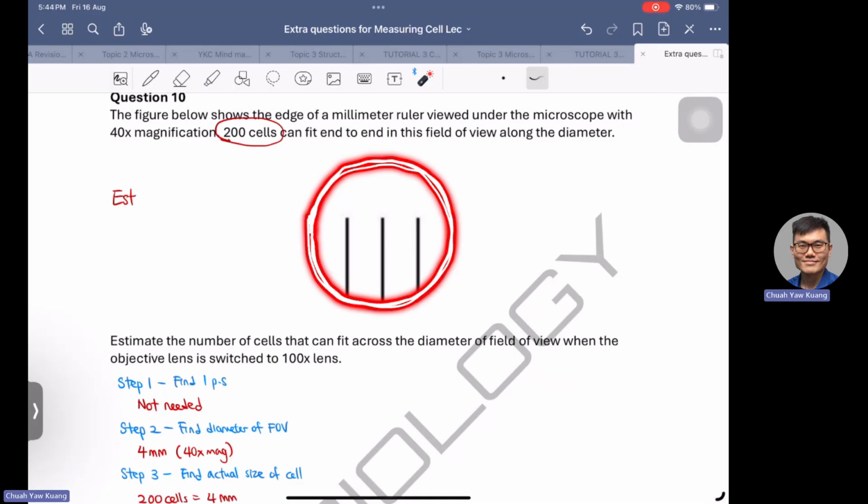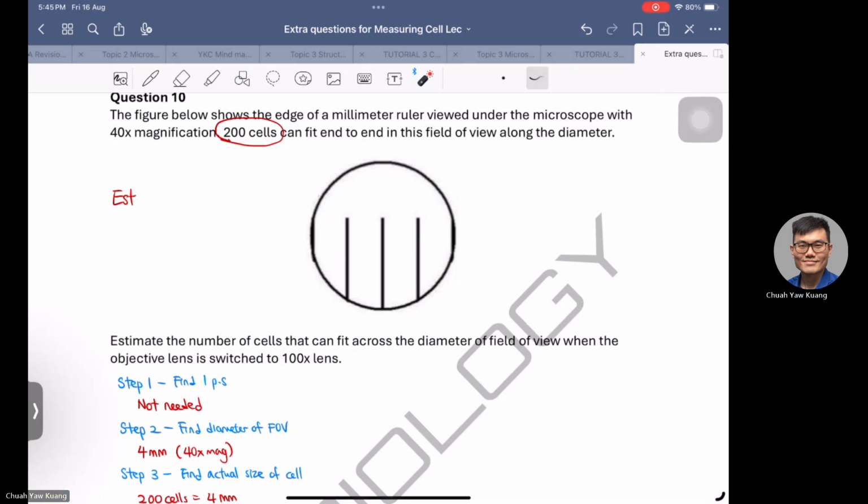So under whatever type of magnification, the FOV is always the same size. But does that mean that their actual size is the same? No, the actual size will be different. Image size is always the same, but actual size is always different.